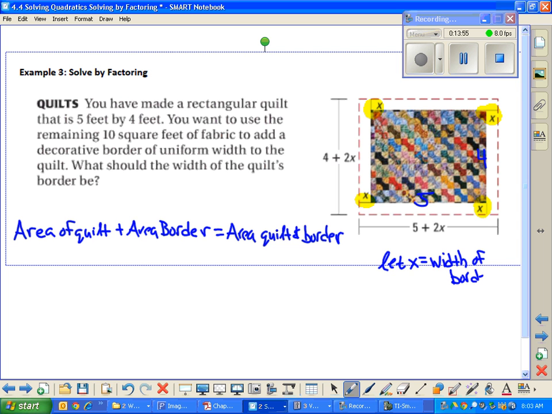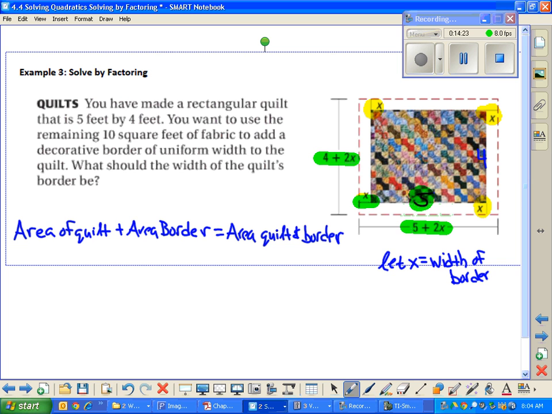I think what's also interesting to note in this diagram is a little bit about how they came up with 5 plus 2x, or for that matter, 4 plus 2x. That's something interesting to think about. Let's talk about the 5 plus 2x. Do you see how originally this little quilt was 5 feet in length, but then they have to add on an x over here to get the border?